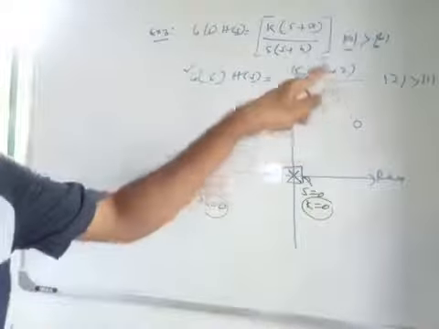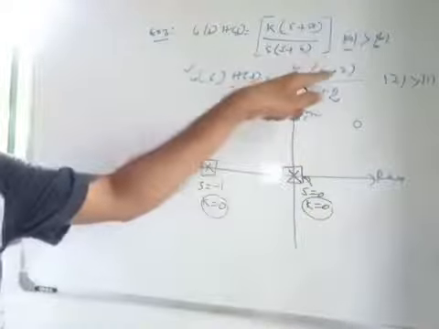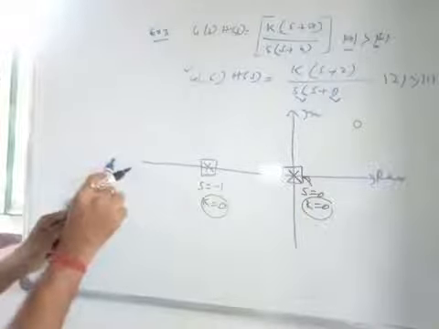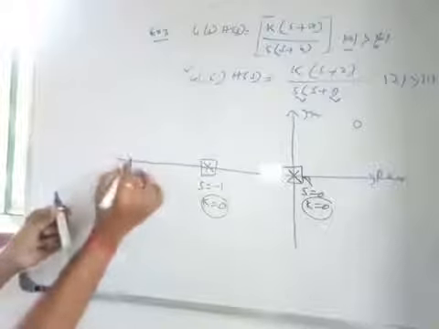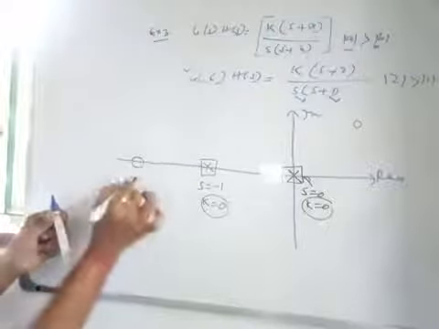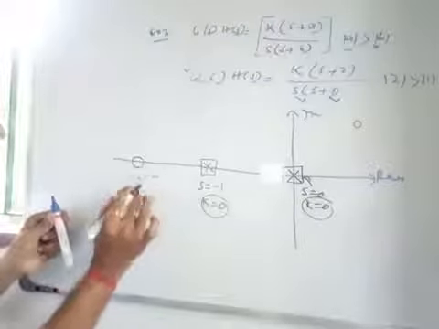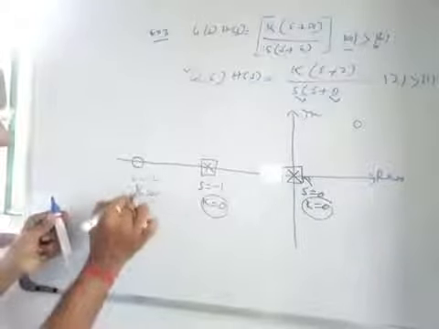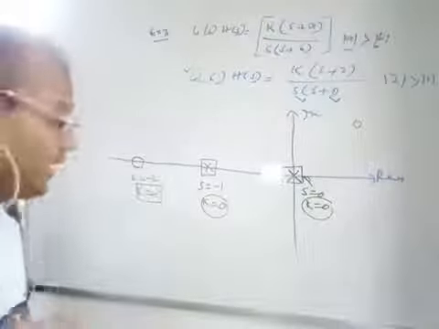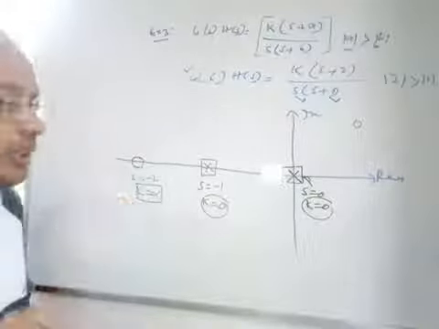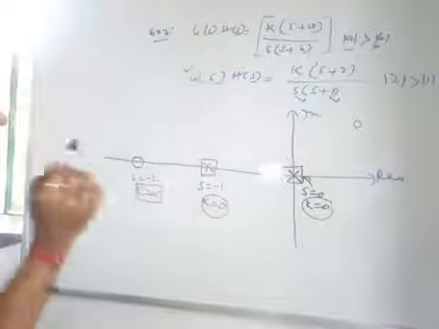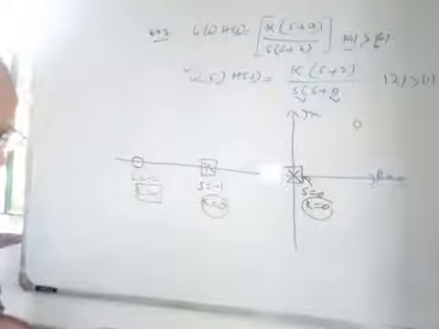And this 0 is placed at S is equal to minus 2, where K is equal to infinity. Because wherever there is a 0, we will get the value of K is equal to infinity. Now, this is one pole, this is one pole, and this is one 0 on the real axis.